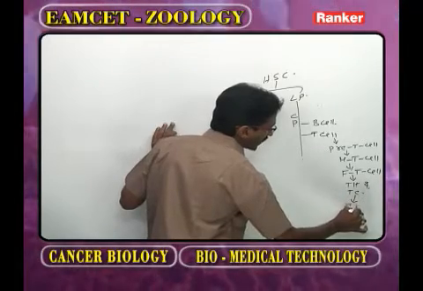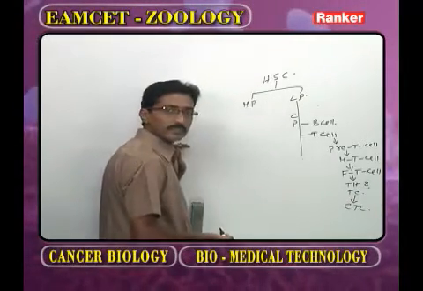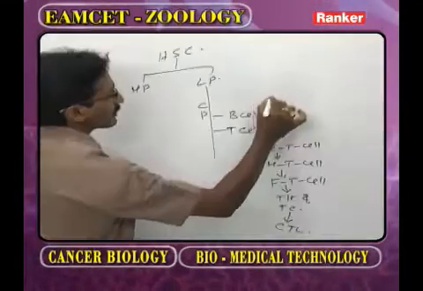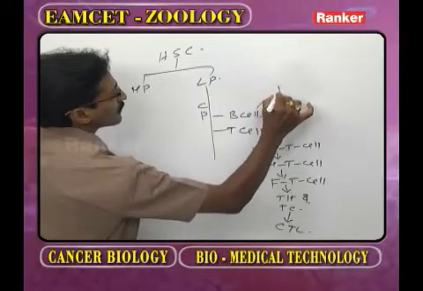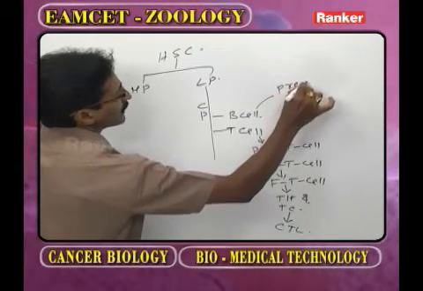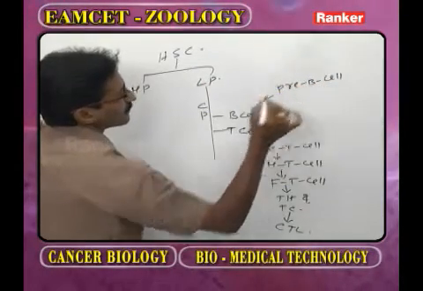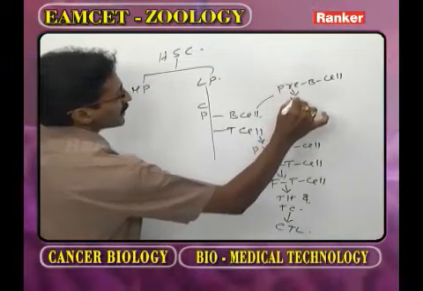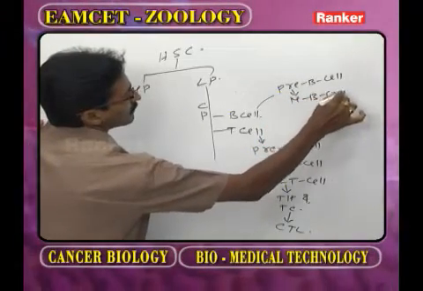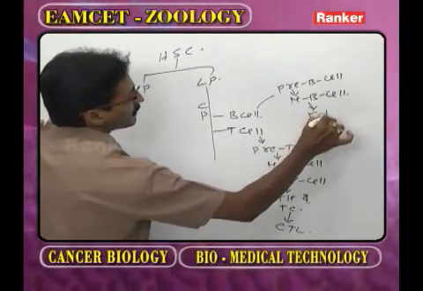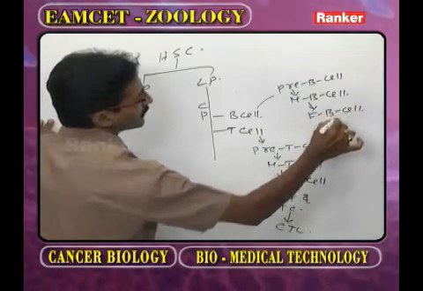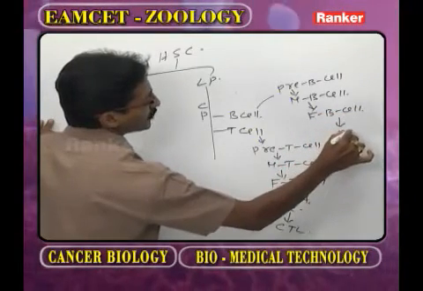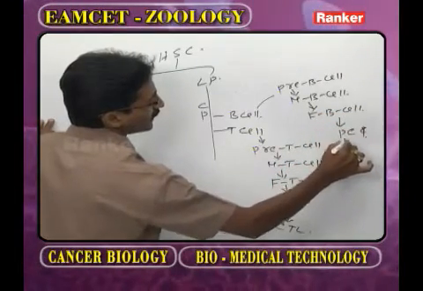Finally, it becomes cytotoxic T lymphocyte. What about the B cell? In the bone marrow, first of all, we get the pre-B cell. It becomes the mature B cell. Later, it becomes the functional B cell. Later, it divides into plasma cell and memory cell.